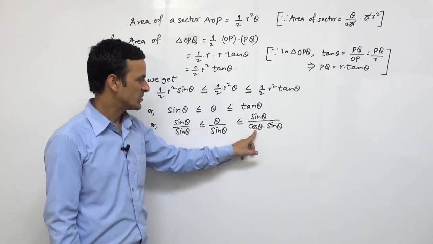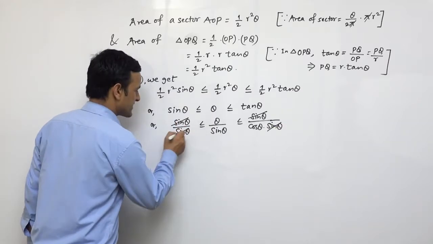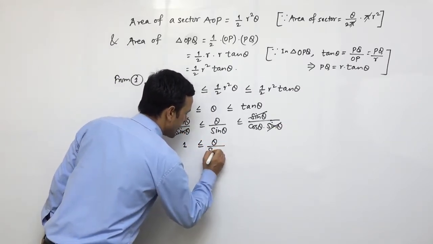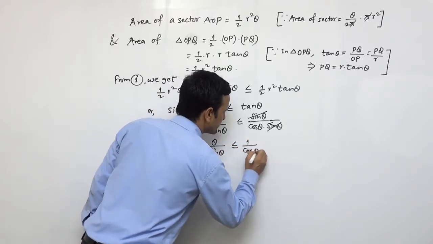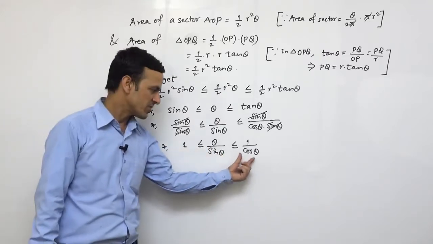Doing this, we can cancel sin and sin. So we get 1 less than or equal to theta divided by sin theta, less than or equal to 1 by cos theta. So after cancelling, we get this term.